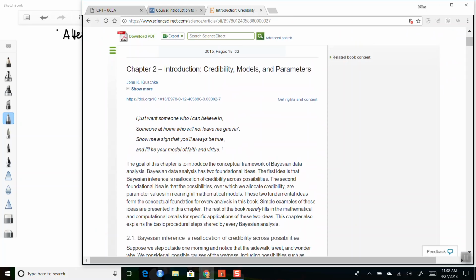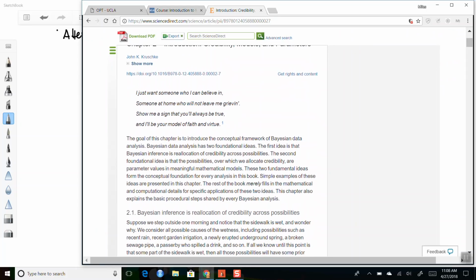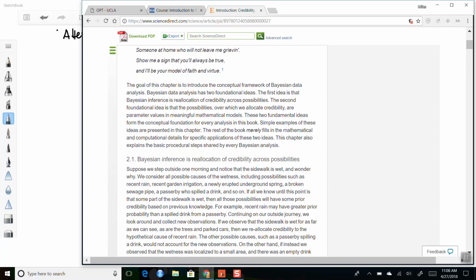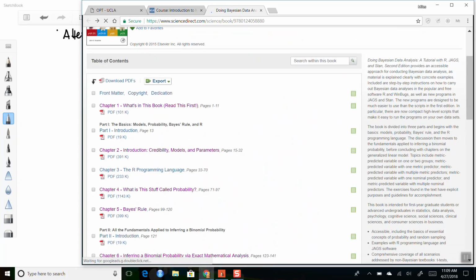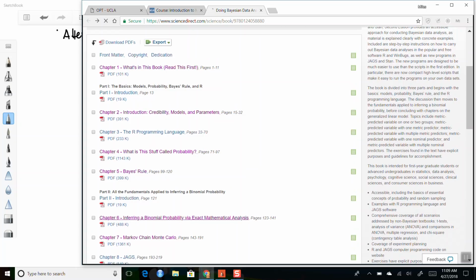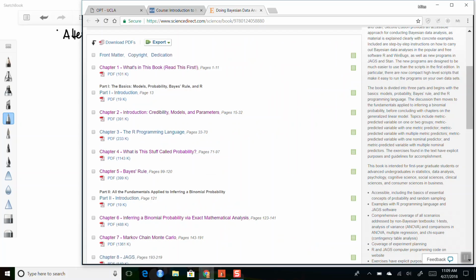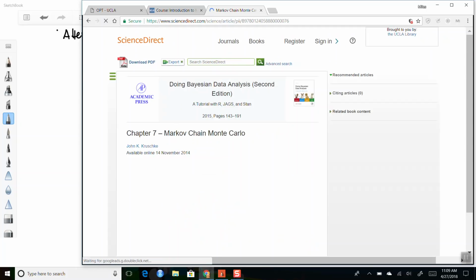All of these you can probably sing, but it just says, I just want someone who I can believe in, someone who will not leave me grieving. Show me a sign that you'll always be true, and I'll be your model of faith and virtue. Okay, so anyway, this is stuff on Bayesian stuff. I love the chapter. Anyway, all the poems are excellent, by the way.